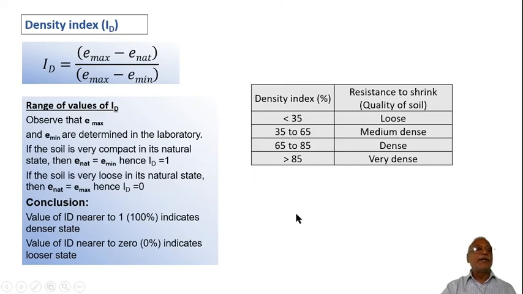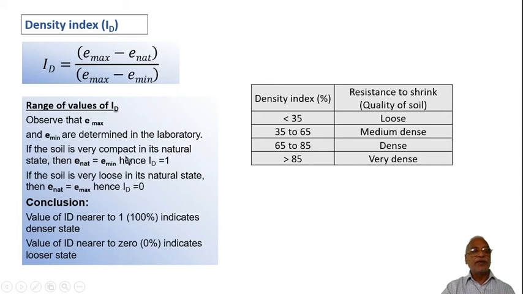So density index, this indicates the denseness. Already we have defined density index ID equal to Emax minus E natural divided by Emax minus E minimum. The range of values of ID, how to identify that is, observe that Emax and E minimum are determined in the laboratory. This has been already discussed.